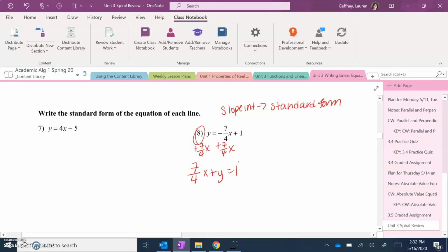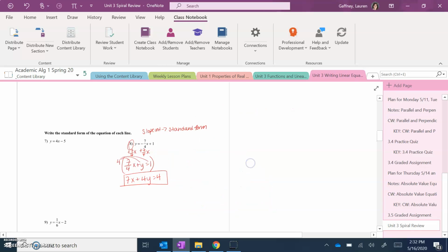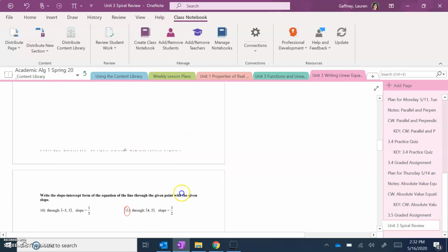Now you can't have any fraction or decimal, so to get rid of this, we multiply by whatever that denominator is. We have to multiply everything by 4. If you use your calculator here, you should get 7x plus 4y equals 4. So we have x and y on the same side, no fractions or decimals. That's going forwards and backwards from slope-intercept to standard or vice versa.